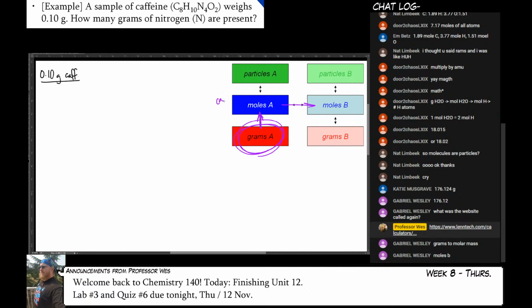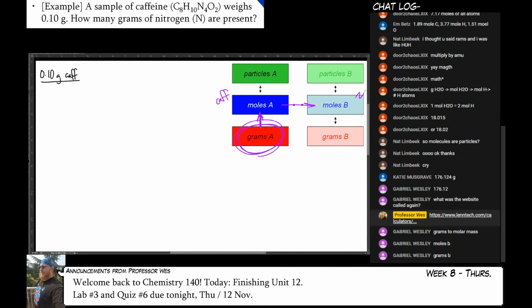So if this side is caffeine, this side must be nitrogen. And then we'll turn it into a mass of nitrogen. Good. So there's our strategy. We're going to start with the mass. We'll turn into moles. We'll turn the moles of that caffeine that we have into moles of nitrogen, and then we'll turn it into grams of nitrogen.